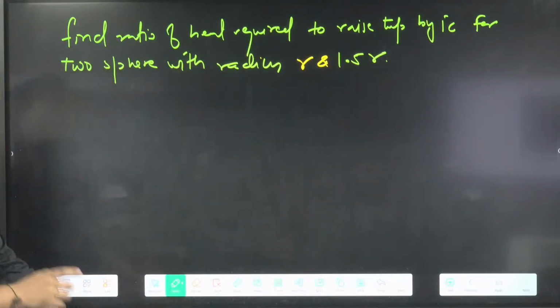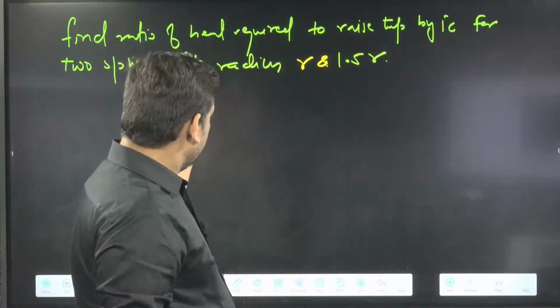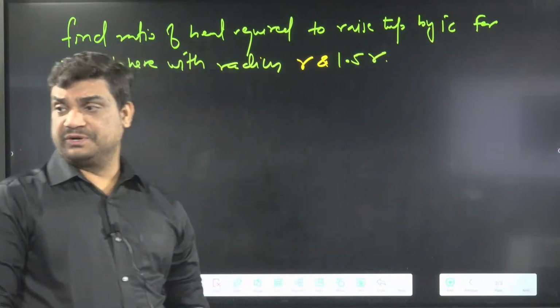They have given find heat required to raise temperature by 1 degree Celsius, and the radius is given as R and 1.5R.